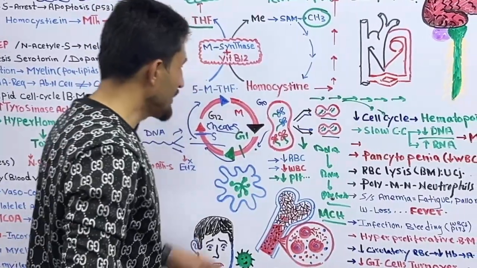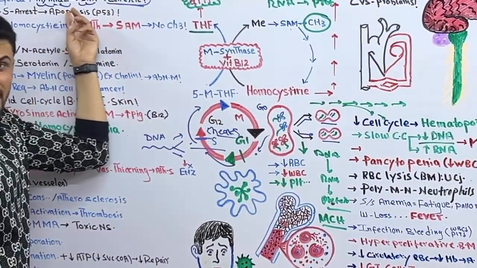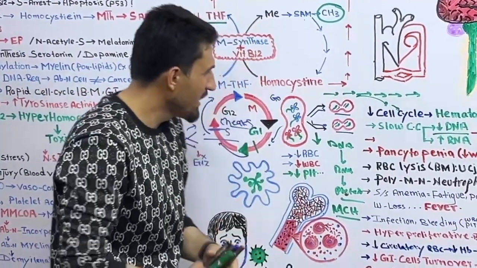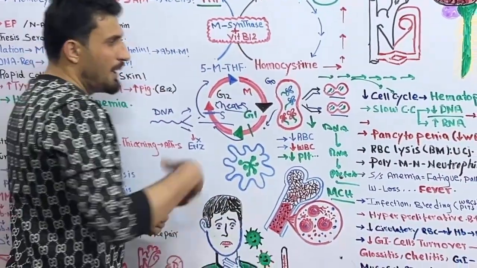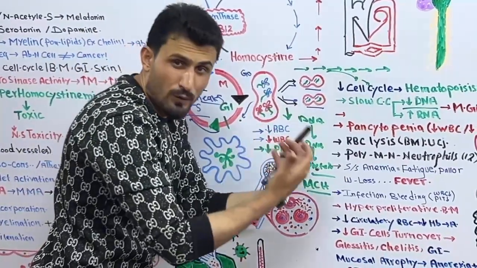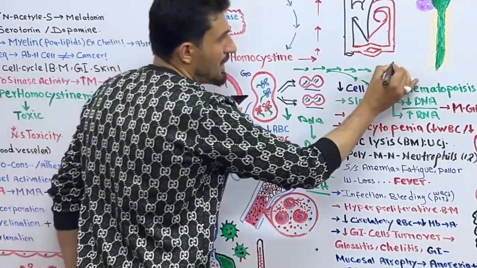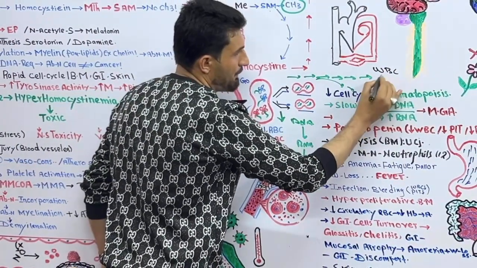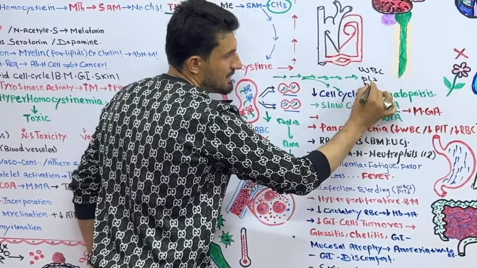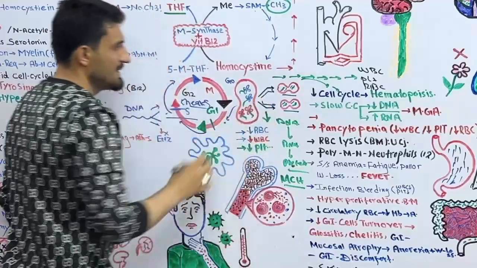Got it? That's why in the cell cycle, thymidine is very important. Plus, listen carefully. In hematopoiesis, it means in production of different types of cells inside the bone marrow, for example WBCs, platelets, RBCs, to make all of them, I need DNA.